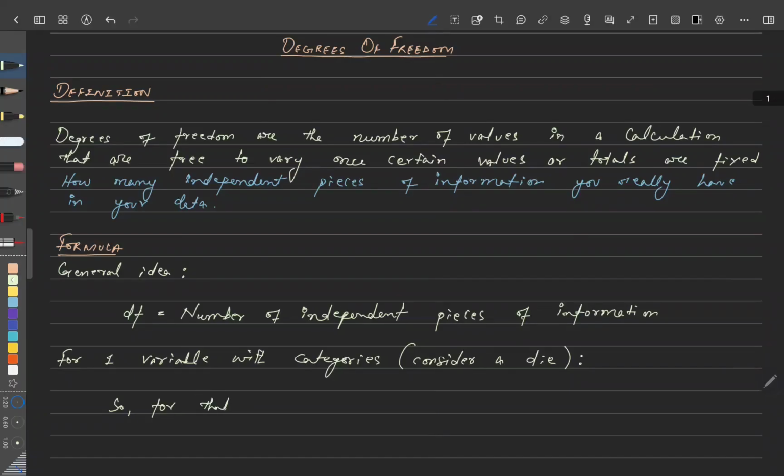For that, df, or degrees of freedom, is number of categories minus 1. So if a die can take 6 values, the degrees of freedom for a die will be 6 minus 1, that is 5.